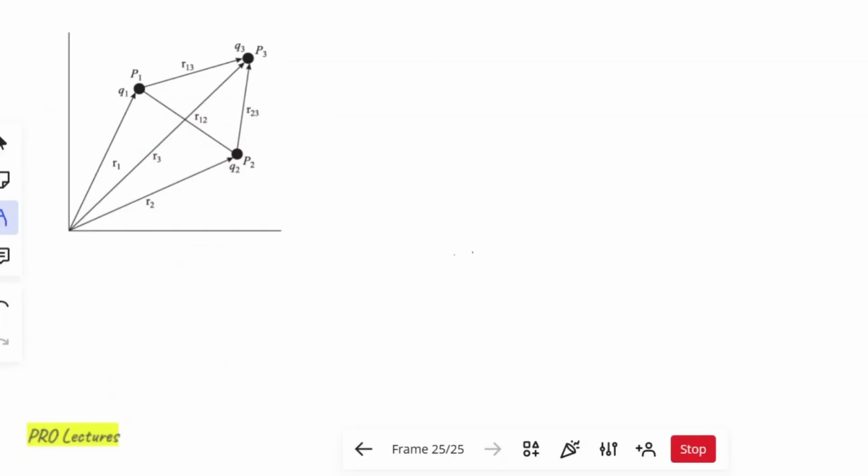The electric potential at this point P2 due to the charge Q1 at P1 is given by V2 is equal to 1 by 4 pi epsilon naught Q1 by R12.